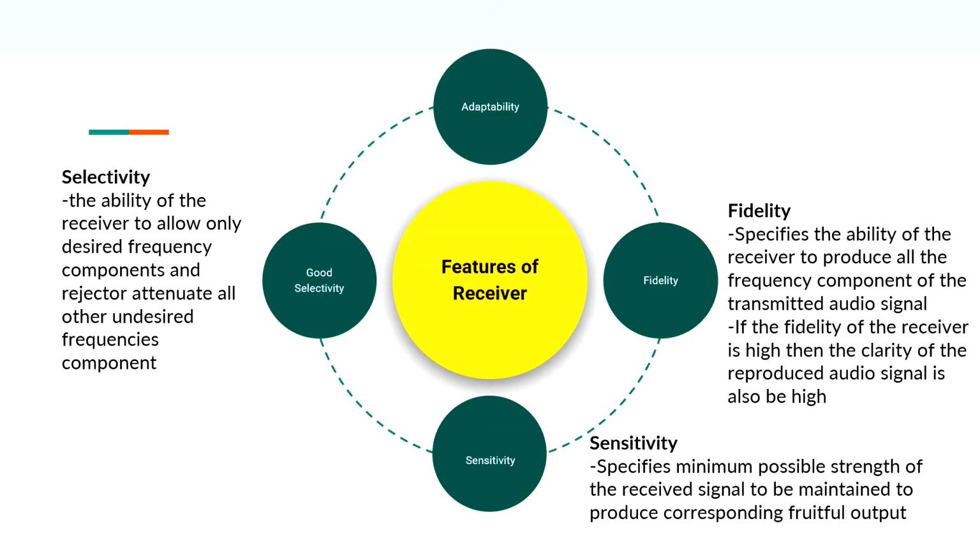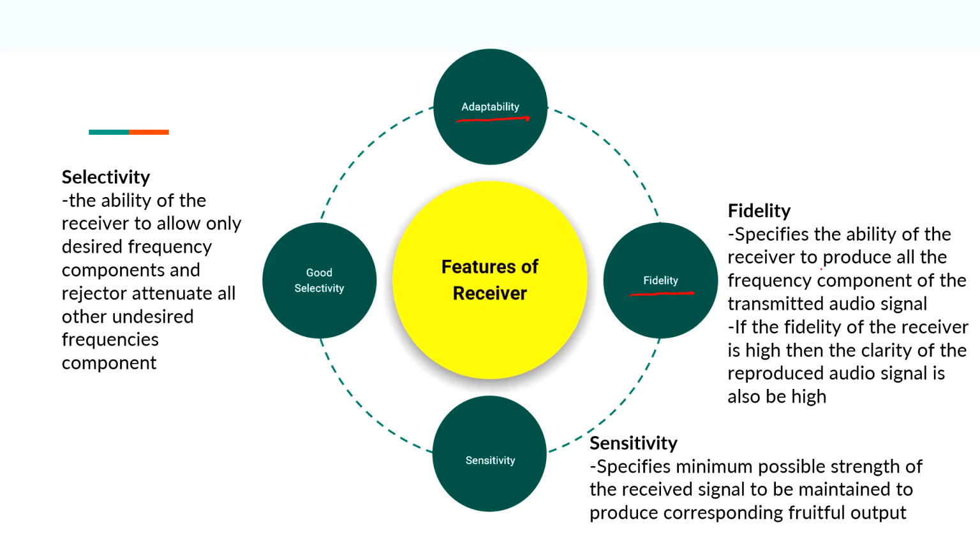Okay, what are the features of a good receiver? A receiver should have adaptability, where the receiver should be adaptable with the system, and then fidelity. Fidelity specifies the ability of the receiver to reproduce all the frequency components of the transmitted audio signal.